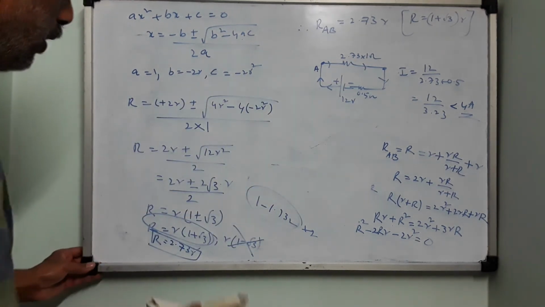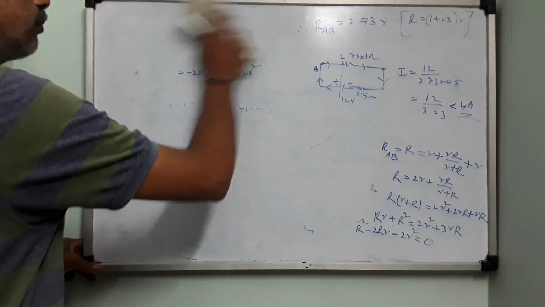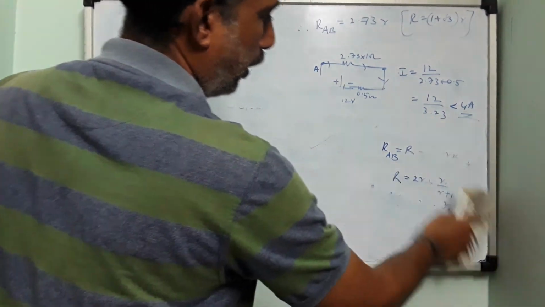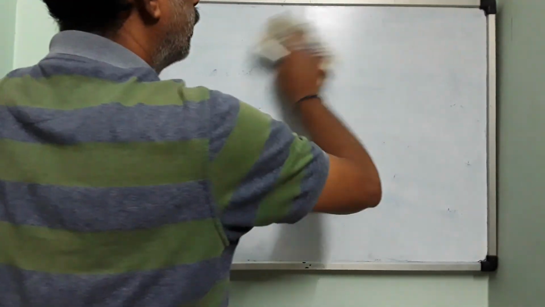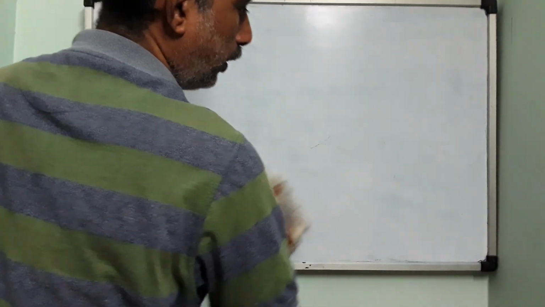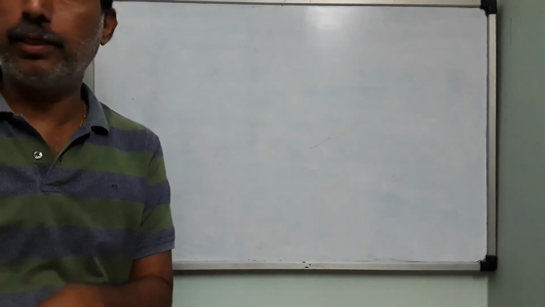Like this you will find many numericals in the textbook based on networks of resistances. Please solve all of them so that you get a better idea. Now we will see another question.